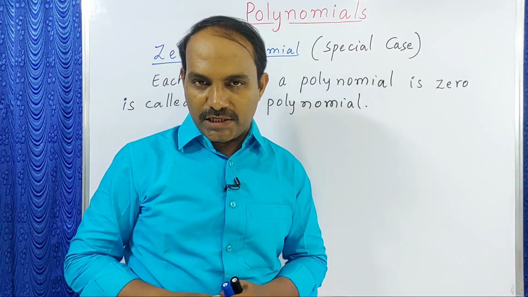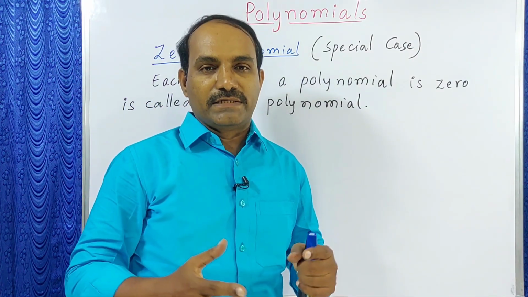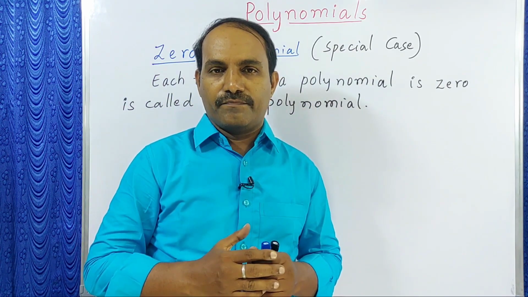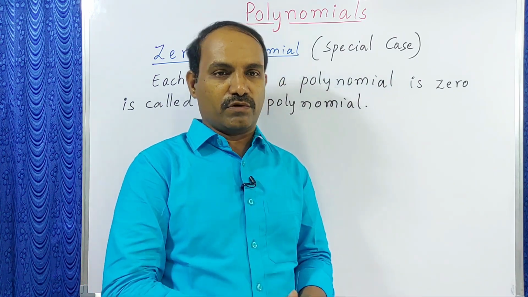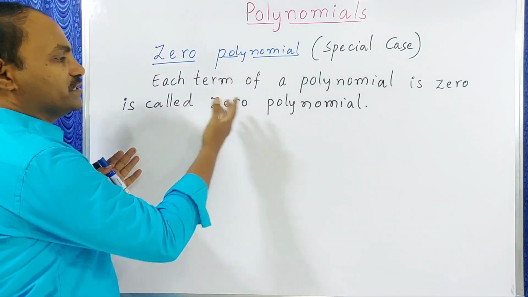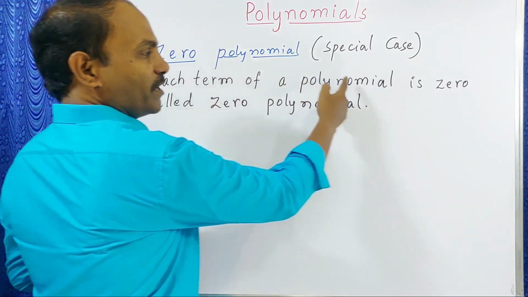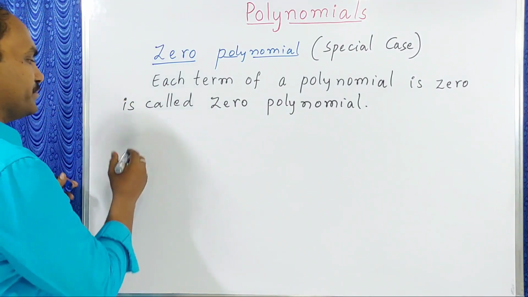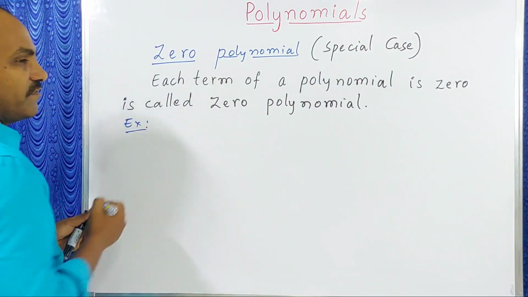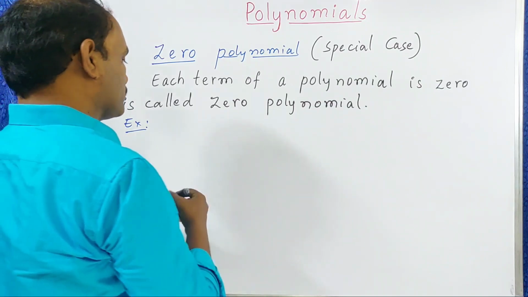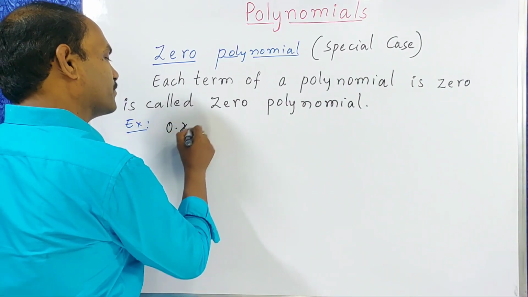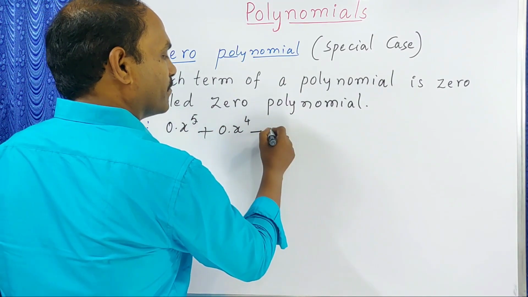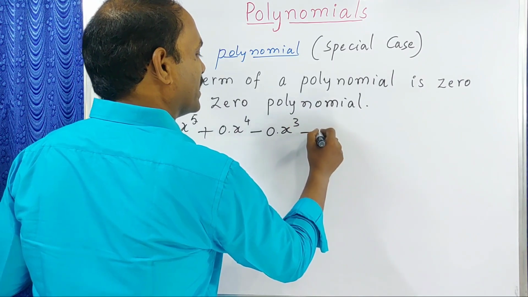What is a zero polynomial? If each term of the polynomial is 0, then that polynomial is called a zero polynomial. For example, here 0x power 5 plus 0x power 4 minus 0x cube minus 0.